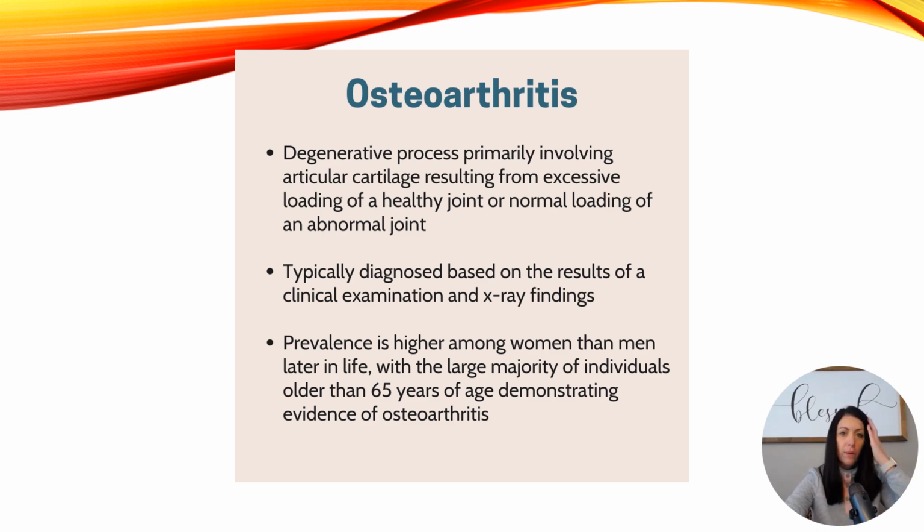So pain from OA is typically described as deep. It's poorly localized, like, oh, it's kind of all over, or all over my spine. It's not very centered and localized. Oftentimes it's described as being achy, and the symptoms can be exacerbated by activity, and it's often relieved by rest.